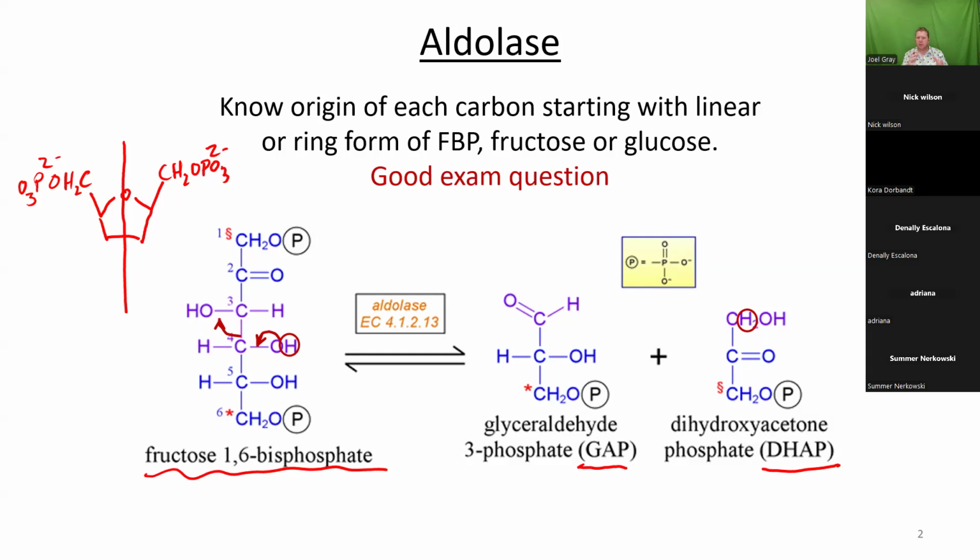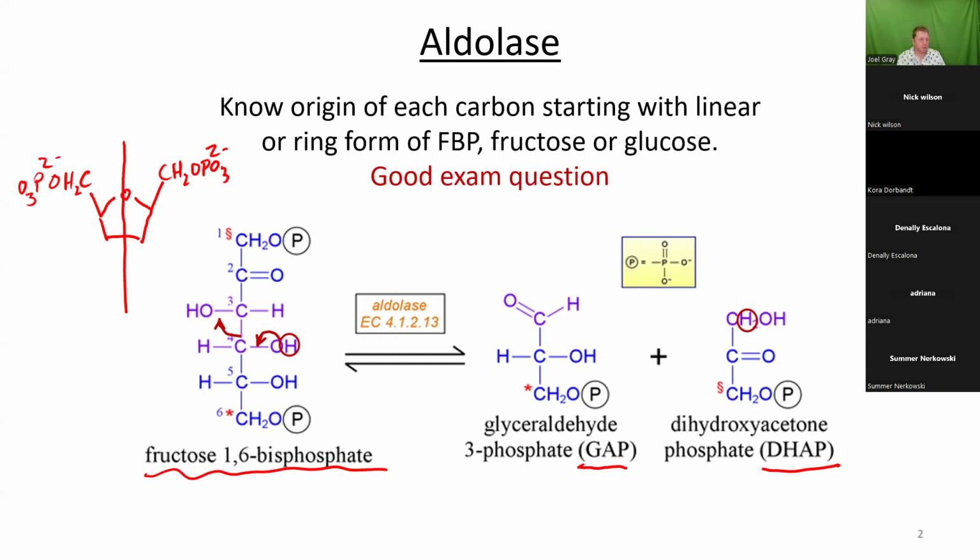To me, the most helpful way to think about the products of glycolysis, and I use these terms products and intermediates sometimes interchangeably, is that DHAP and GAP are products of aldolase, but they're also the substrate for the next enzyme. That's why some folks will refer to this as an intermediate of glycolysis.